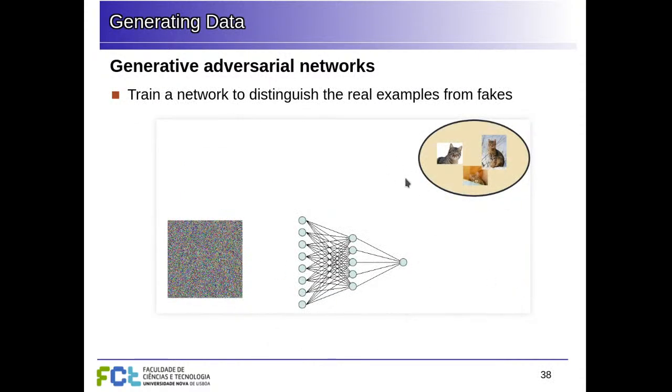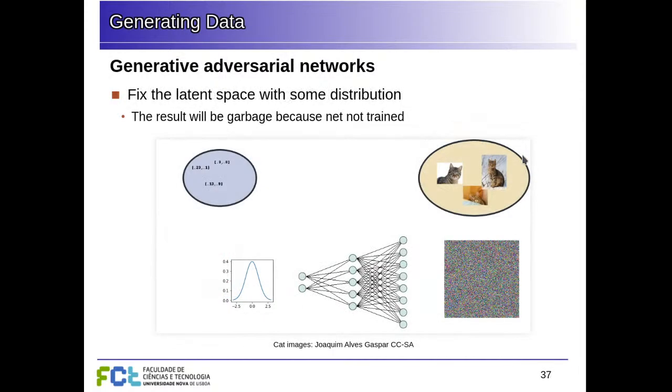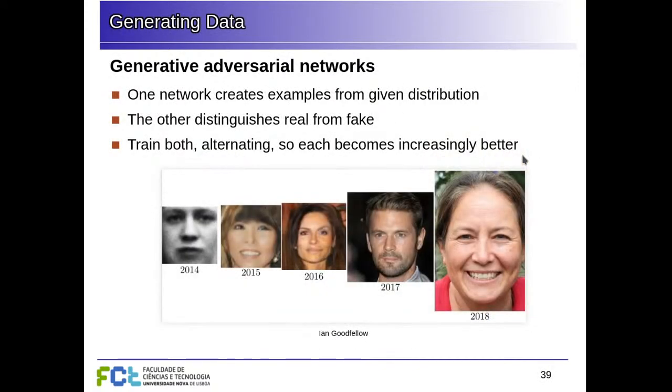And we have this other network that determines if it's an image of a face or not by using a large data set of human faces. So it tries to distinguish between fake and real faces. And this will force the first network to improve the generation of images until we get this kind of result.